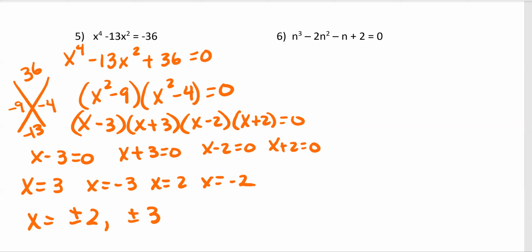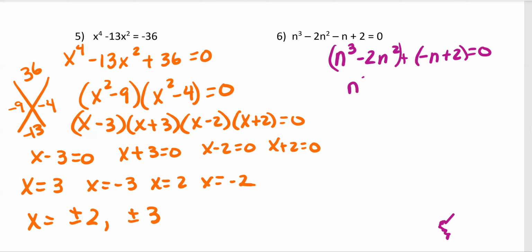And number 6, our last one, we have 4 terms. We need to factor by grouping. Take out the greatest common factor.